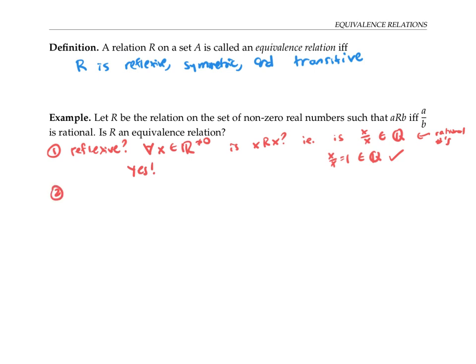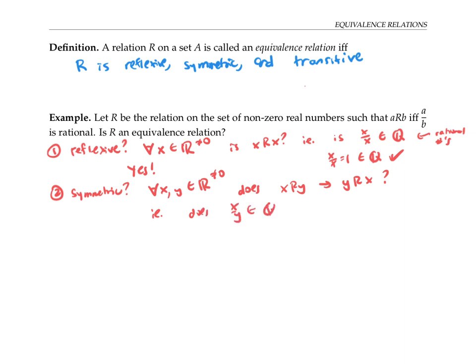What about symmetric? Here we need to check for all x, y non-zero real numbers, does x related to y imply y is related to x? In other words, does x over y being a rational number imply that y over x is a rational number? Well, yes, it does, because the reciprocal of a non-zero rational number is also rational.